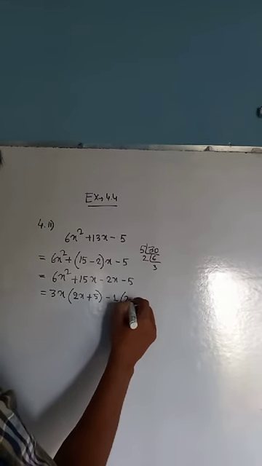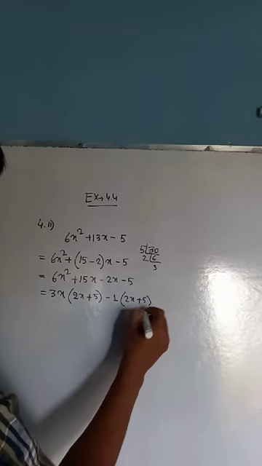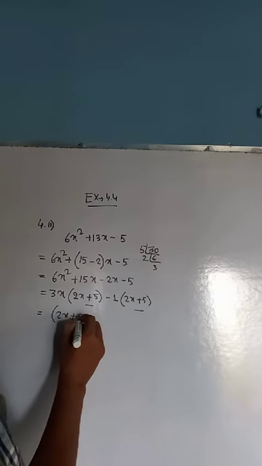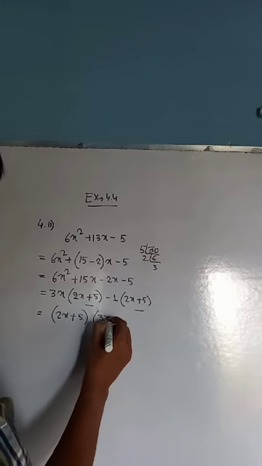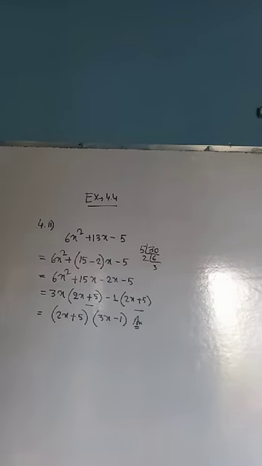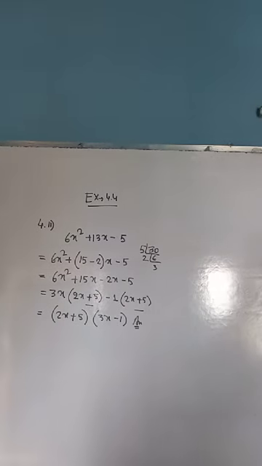From the other take the common 1. So 2x plus 5 is common to both, and what is left is 3x minus 1. It will be the answer. Understood everyone? Just go through that, then I'll go to the next question.